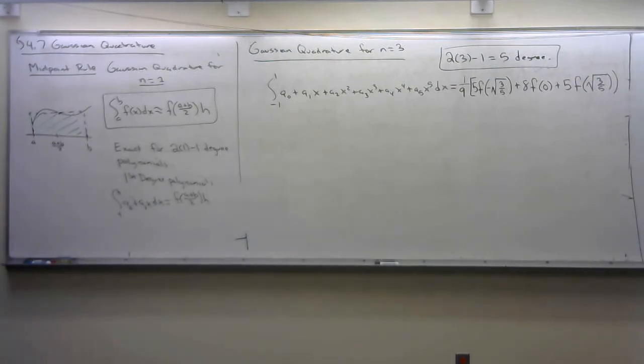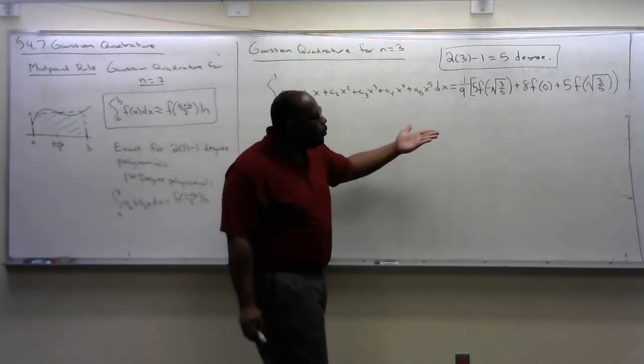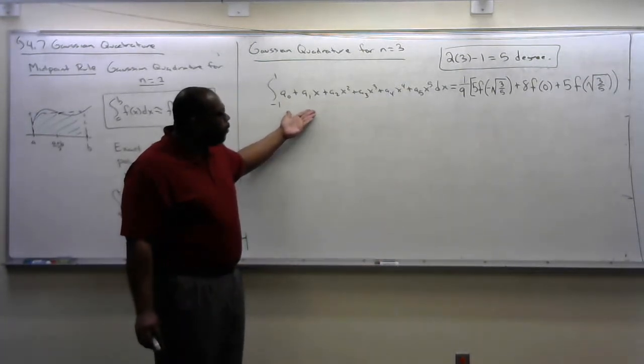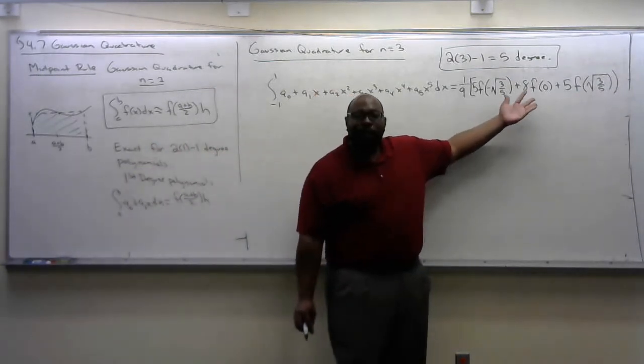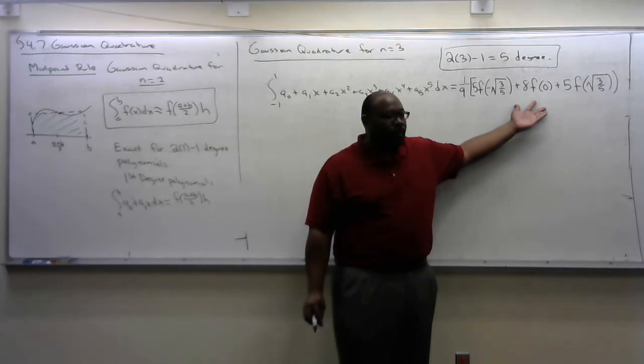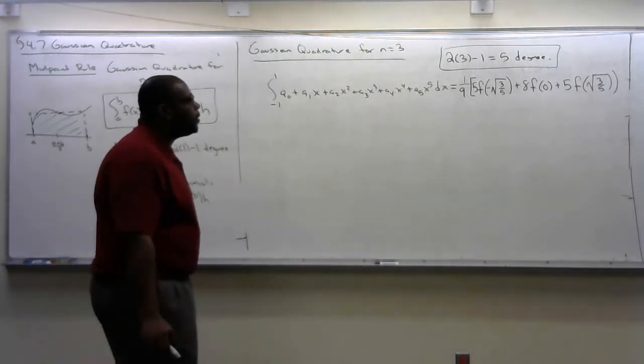All right, so here's our guy in all its glory. A 5th degree polynomial, I can approximate its definite integral using only 3 points in the interval from -1 to 1. That is insane how useful that is, right?